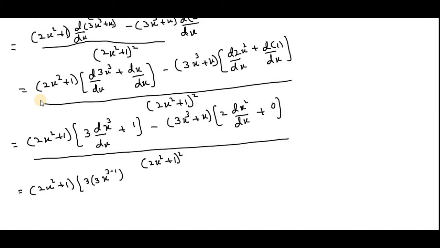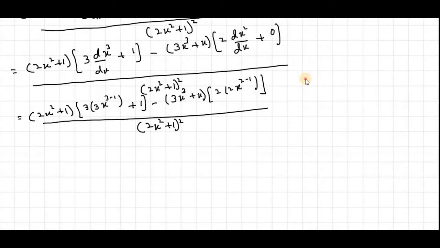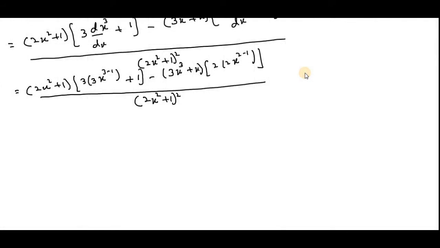Now applying the power rule, 3 minus 1 plus 1 minus 3x cube plus x to 2x, 2 minus 1 whole divided by 2x square plus 1 whole square.